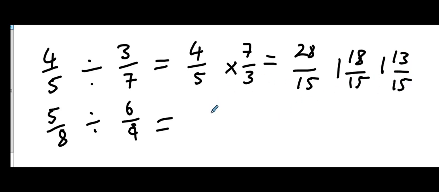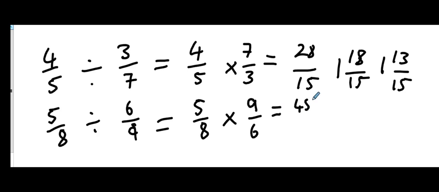Okay, let's take our next example. So we have 5 over 8 divided by 6 over 9. So let's write 5 over 8, and then we're going to invert and multiply that by 9 over 6. We're going to go numerator by numerator, denominator by denominator. So 5 nines is 45.